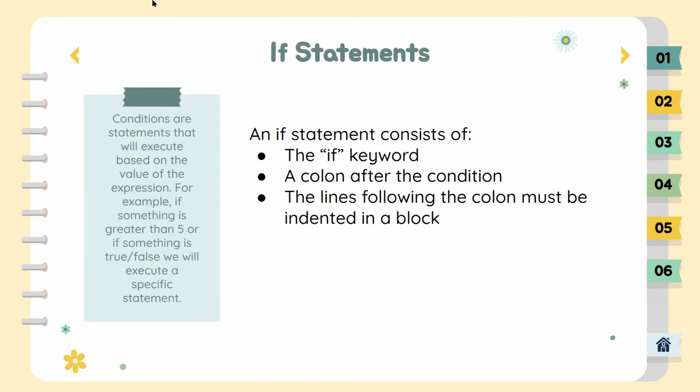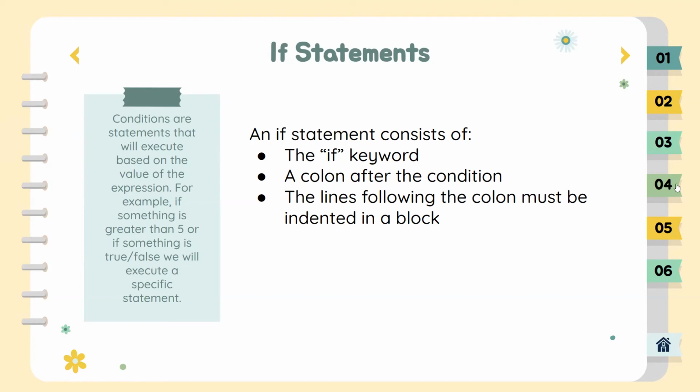For example, if something is greater than 5, or if something is true or false, you will execute a specific statement. So this will also work for strings, like if something is equal to the string of hello, or if something is equal to the string of yes or no, which is an easy way to answer yes or no questions by our users.